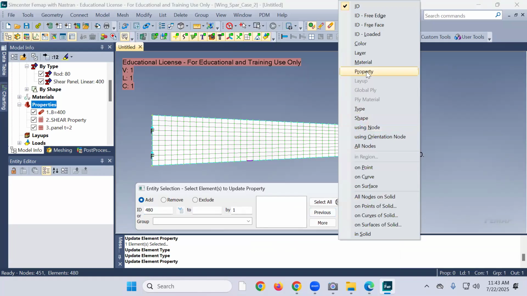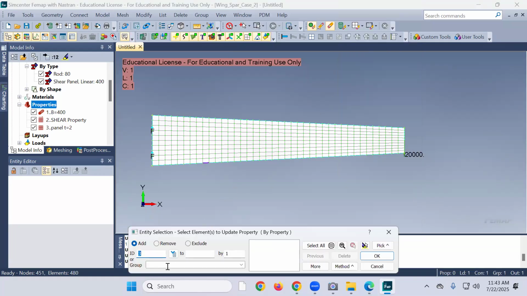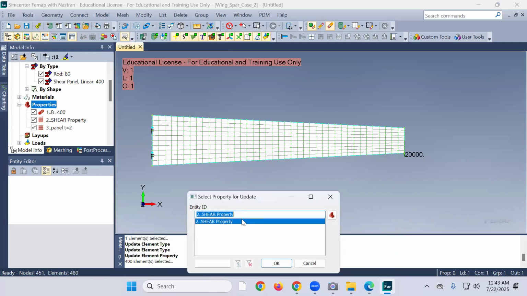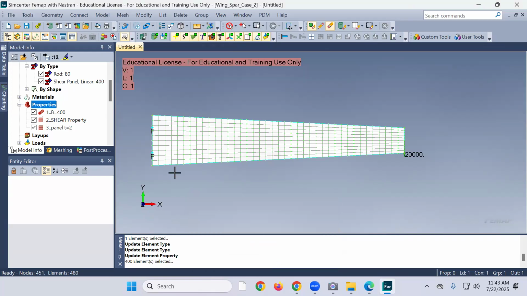Okay, maybe it's this property instead of ID. So we're going to replace this one 2, but over here 2. Select property for update. So you think that means the one we want to change, or I click OK, see if then it gives you another option. No, okay, that's not what I want to do.